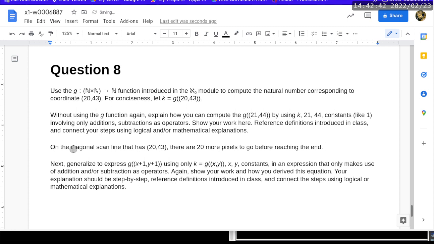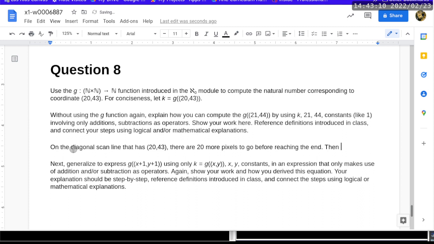And how do we know that? Because as we do the scan line, as we progress, x decrements. And because x is still 20 at this point, we have 20 more pixels to go, because the next one is going to be 19, and the next one is going to be 18, and it has to go all the way down to 0 when it reaches the end. So we have 20 more pixels to go before we reach the end.